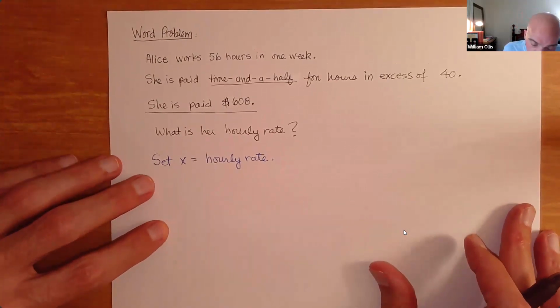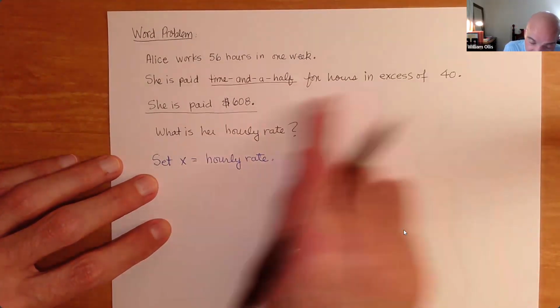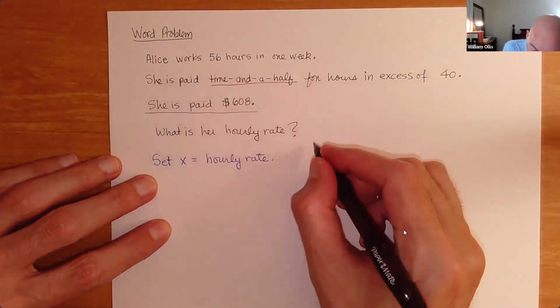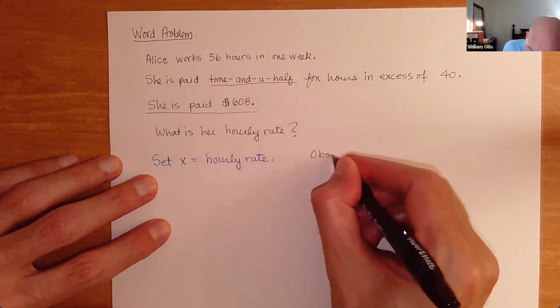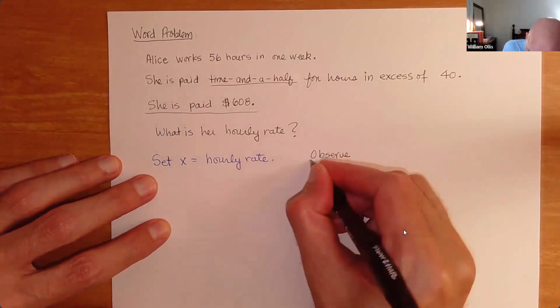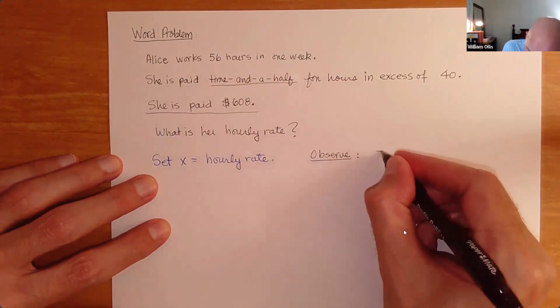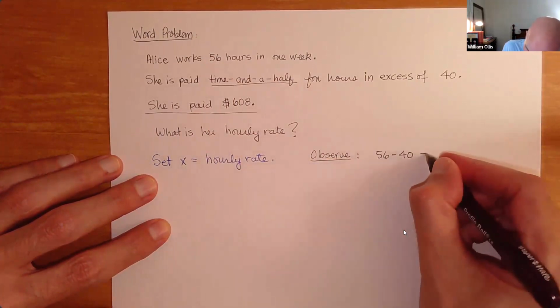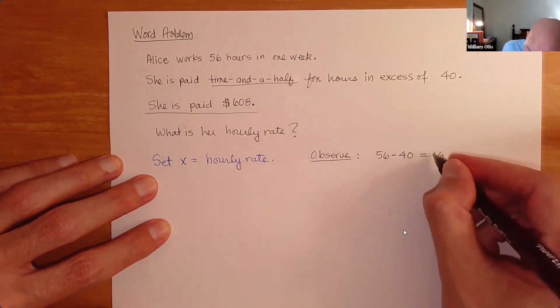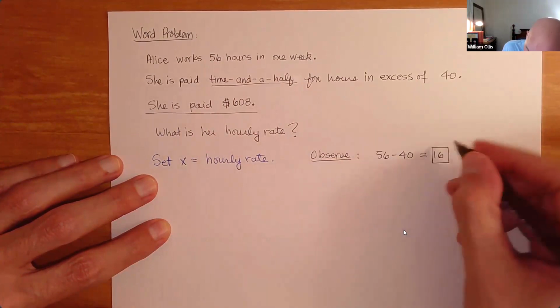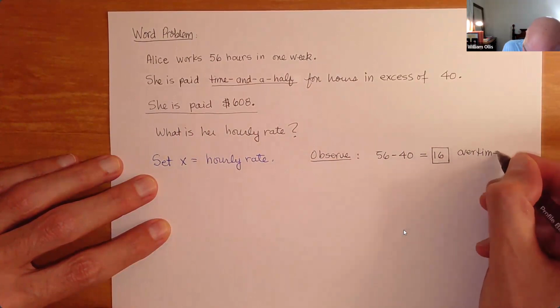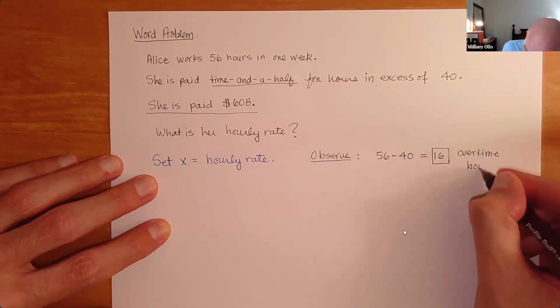So now we know that the hours in excess of 40 would be 16. Observe, 56 minus 40 gives us 16. These are what we call the overtime hours.